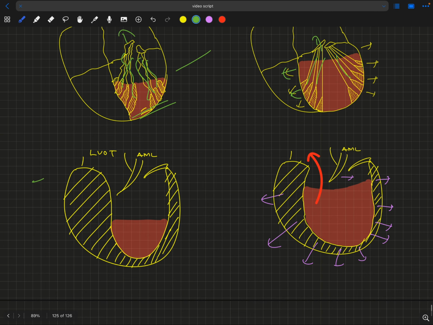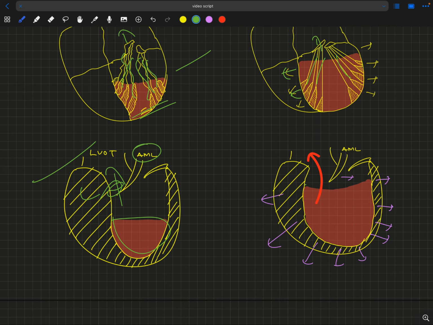In hypertrophic obstructive cardiomyopathy, when there is less blood inside the left ventricle, the anteromitral leaflet and septum are closer to each other, they create more obstruction, and murmur intensity will increase.